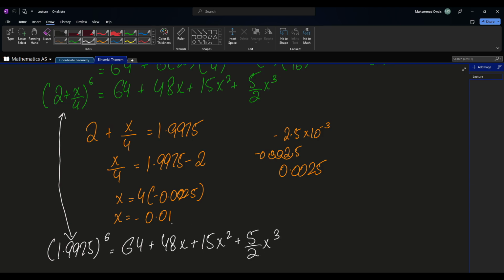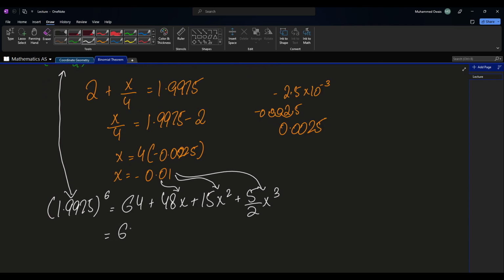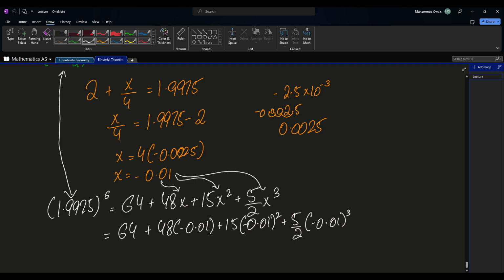Now then, I just need to replace all the x's with this new x that I just found. Okay, so 64 plus 48 into negative 0.01 plus 15 into negative 0.01 squared plus 5 over 2 into negative 0.01 cube. Okay, I'm going to directly do the answers now.